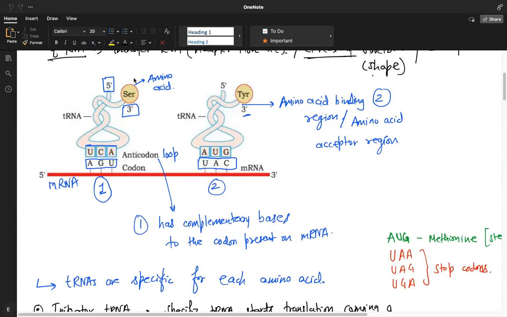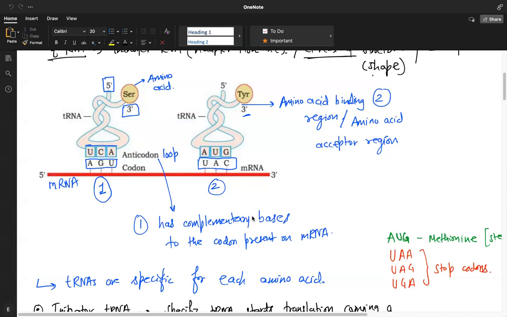And this tRNA has, at the 3' end, an amino acid binding region or amino acid acceptor region to which amino acids bind, or when they are charged, they get attached here. And it has an anticodon loop which reads the codon on the mRNA and brings the amino acid for which that codon codes.